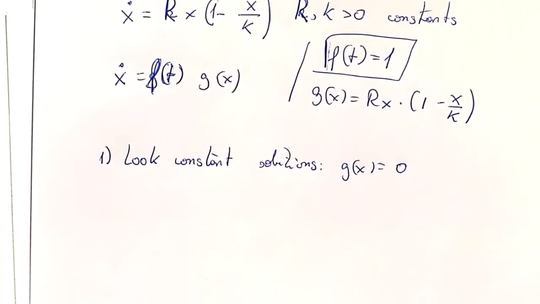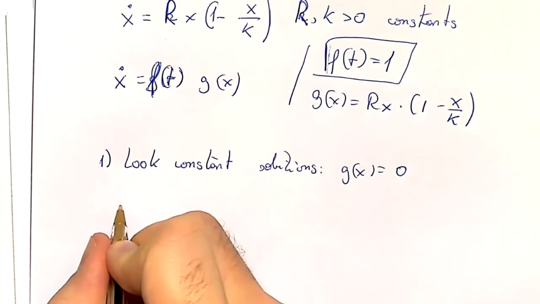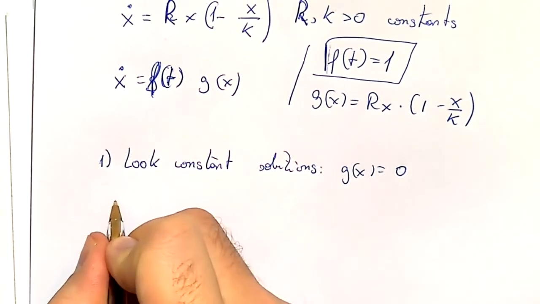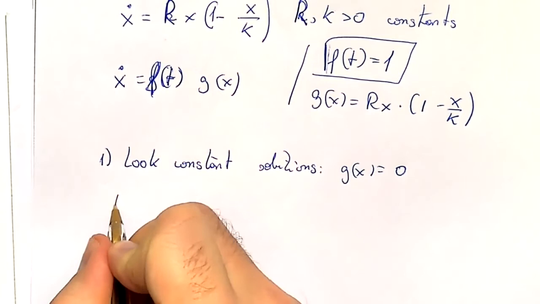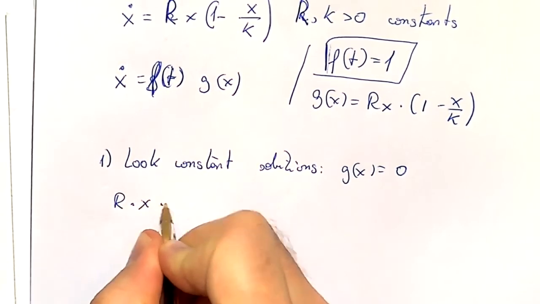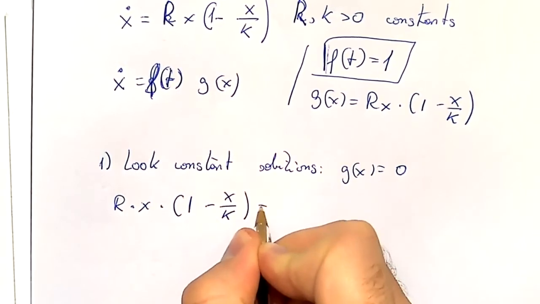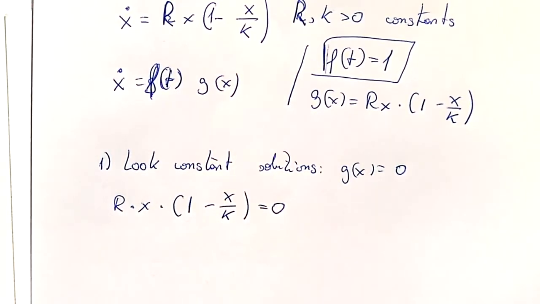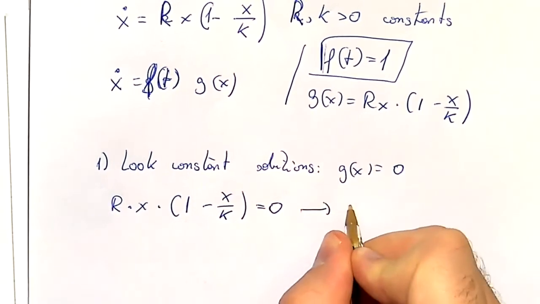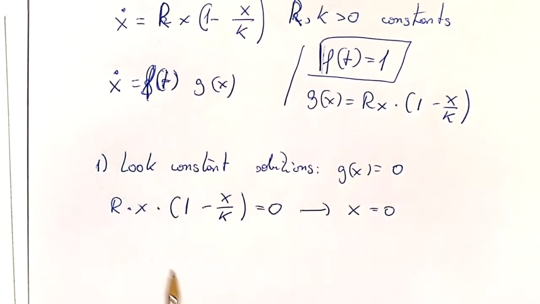Now, I'm replacing. It means that r multiplied by x multiplied by (1 - x/k) is equal to 0. The first case is x equals 0.